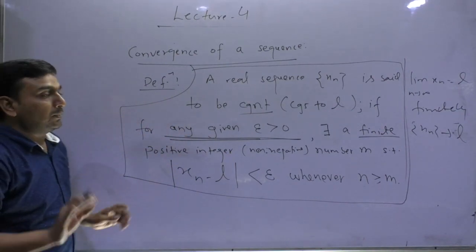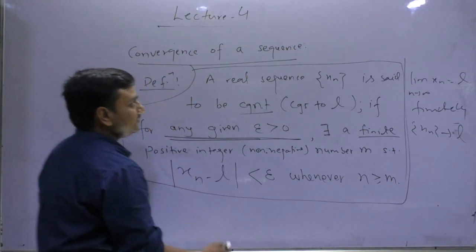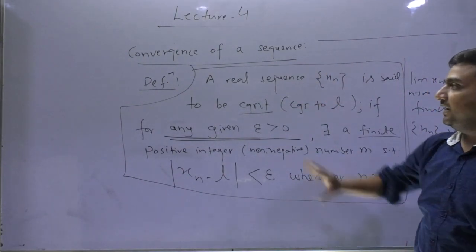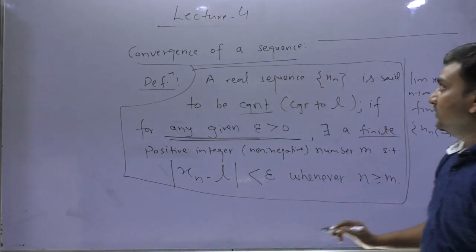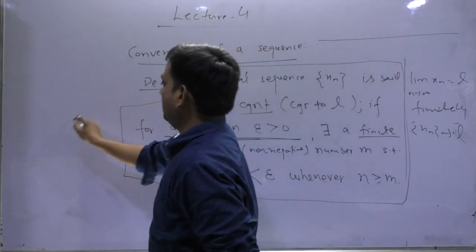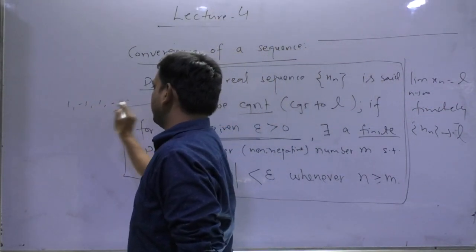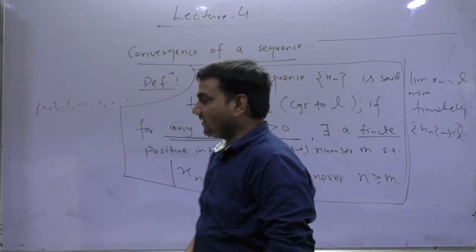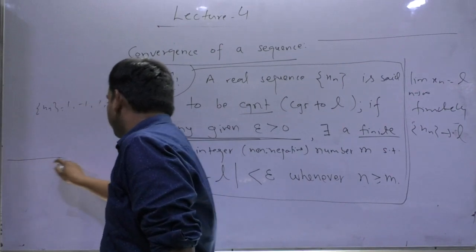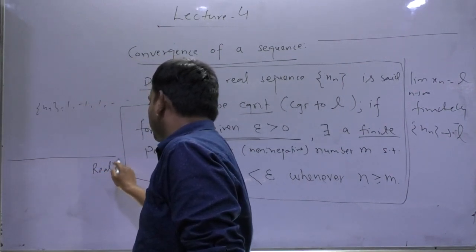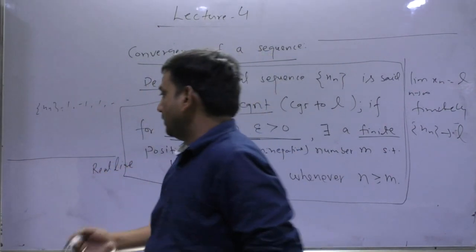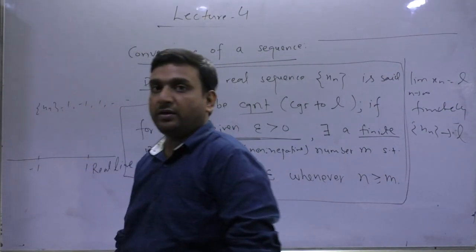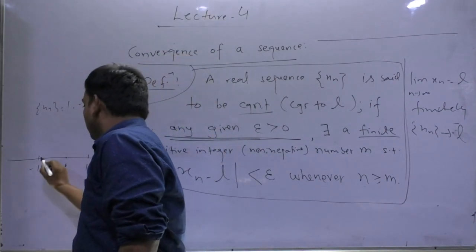Just I am showing you practically now. Let's see here. Suppose I have that sequence 1, minus 1, 1, minus 1, that is the sequence xn. Let's represent it over the real line. So this is minus 1 and this is plus 1, and say this is 0.